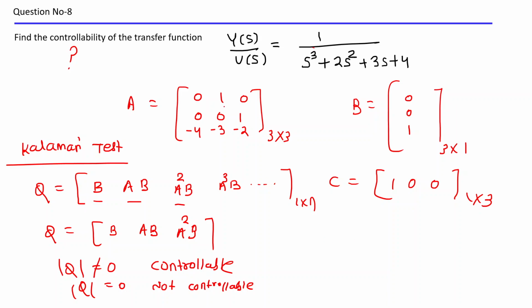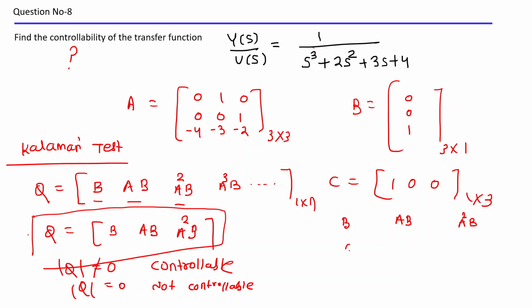Then after finding these 3 matrices, you have to set up Kalman's matrix. First you write down B, then AB, and A square B. What is B? B is 0, 0, 1. What is AB?